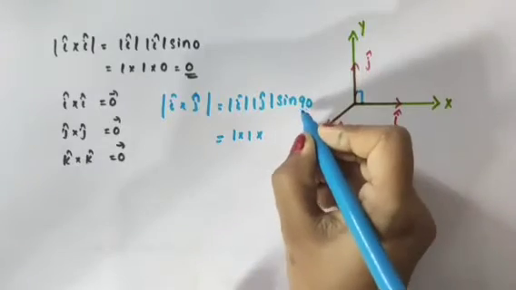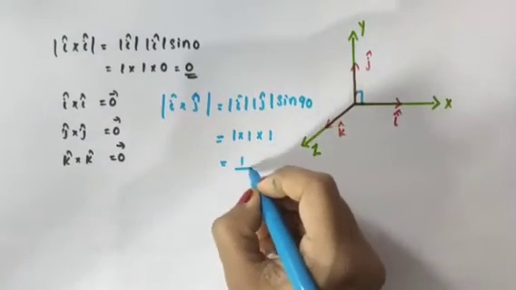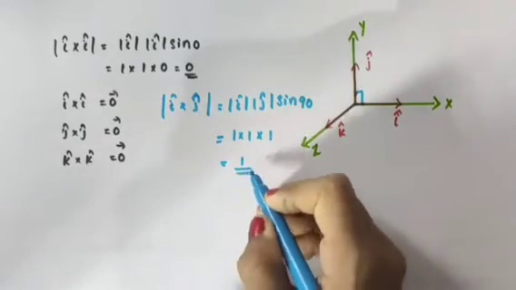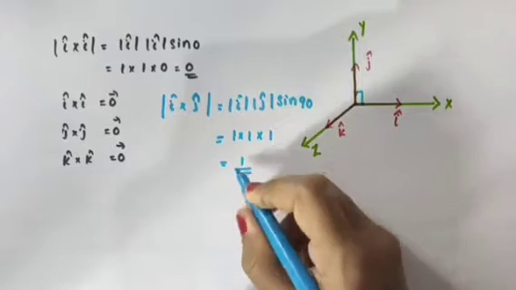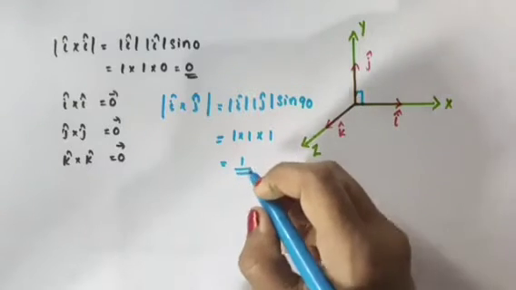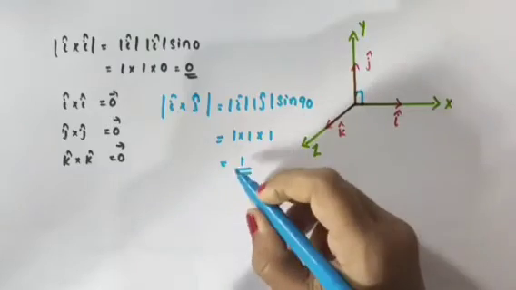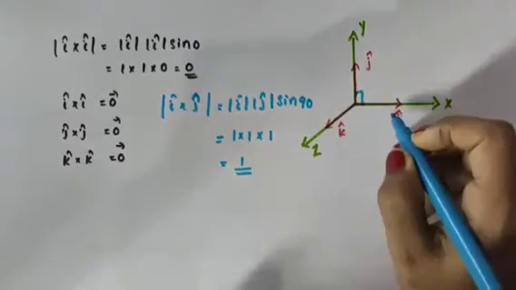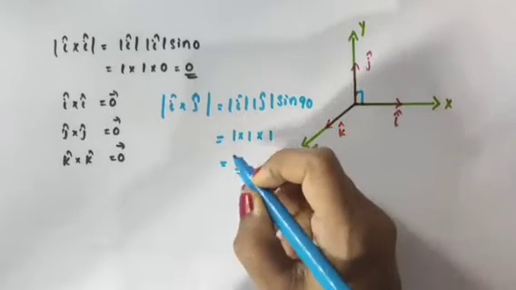J is a unit vector, I'll write 1. Sin 90 is 1. So I cross J, I will write it as 1. The direction is K, which is also a magnitude of 1 itself. K is a unit vector, correct? So this 1 I can represent in terms of K.